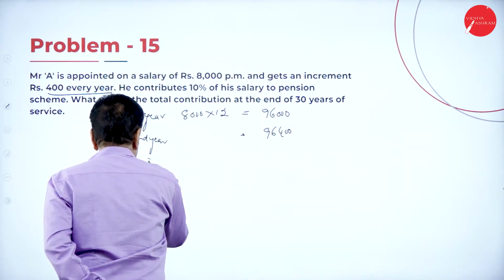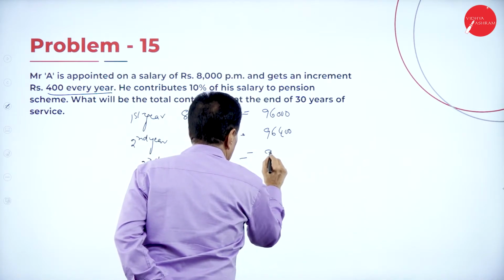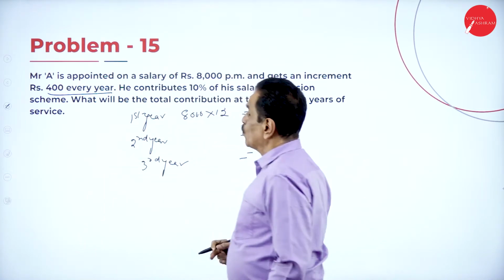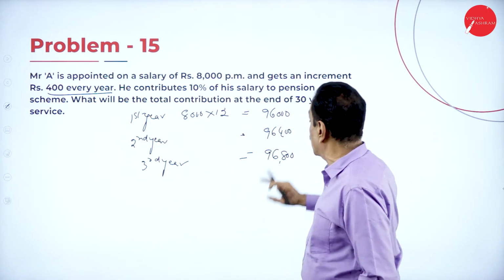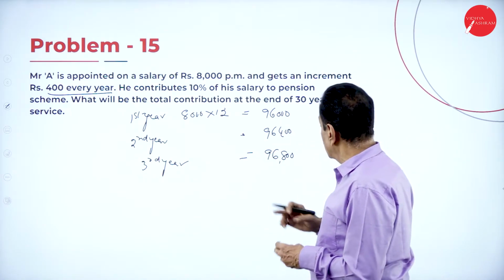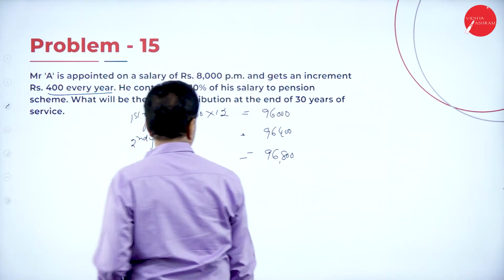Third year, 96,800. Every year 400. 96,000 is not per month, it is per annum. Second year 96,400, then 96,800. Then he contributes to his pension.